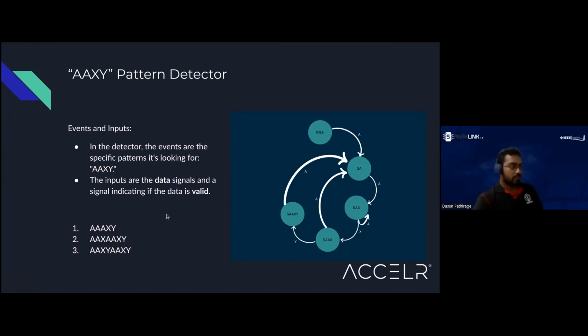Then we receive the second A, and it goes here. Then we receive A again. We already received 2 A's, so we have to stay in the AA state. If we receive A again, we have to stay in the same state. That's why I put this arrow here to the same state. Then we receive X and Y, so the pattern is detected. So that case is done.